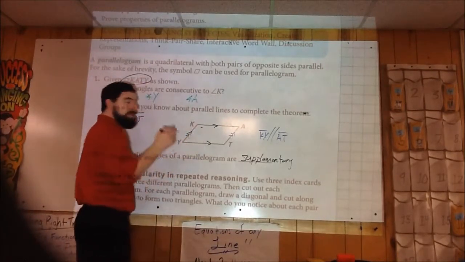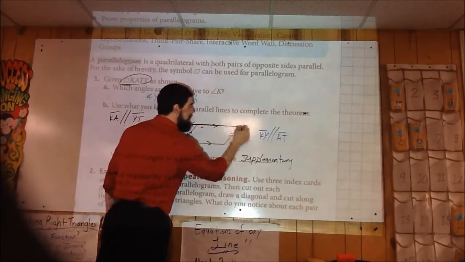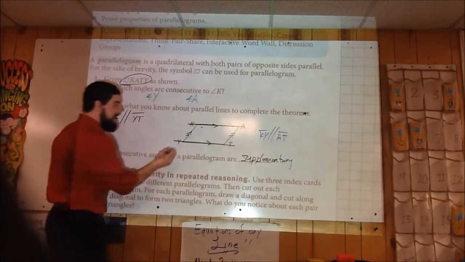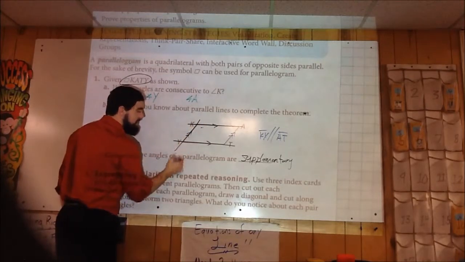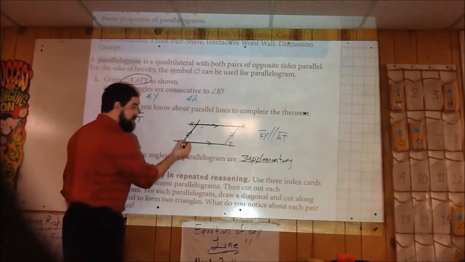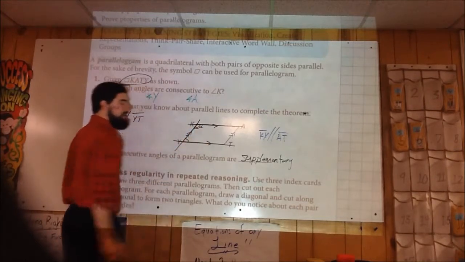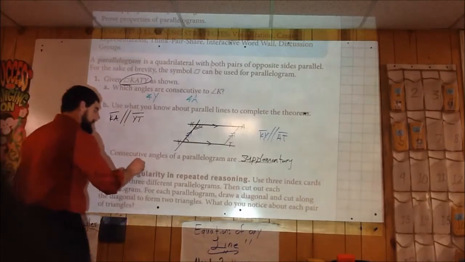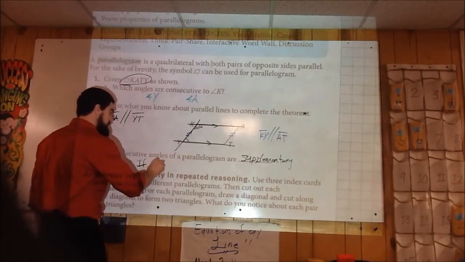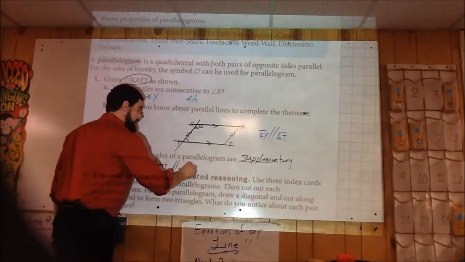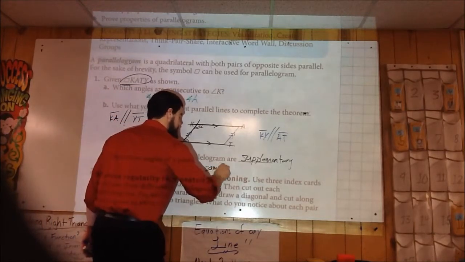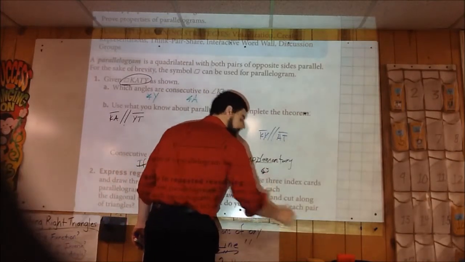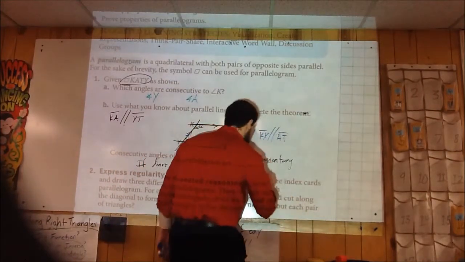So, if I'm considering these segments that are parallel, I have this segment as a transversal. And so these two angles that are same side interior angles, they're not congruent, but I know that they have to be supplementary. The justification is, if lines are parallel, then same side interior angles are supplementary.